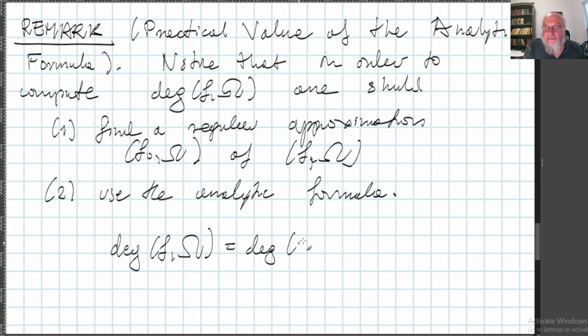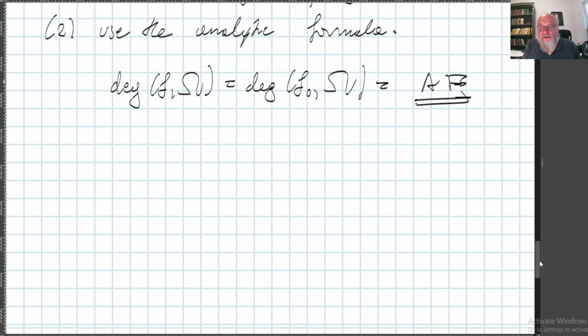And then, we have here an analytic formula, which is computable. So you have to solve the equation, which is supposed to be much simpler than the original equation, and get the values of the regular points in omega from the inverse image of 0, and then you can have the degree computed. So that's how it is.